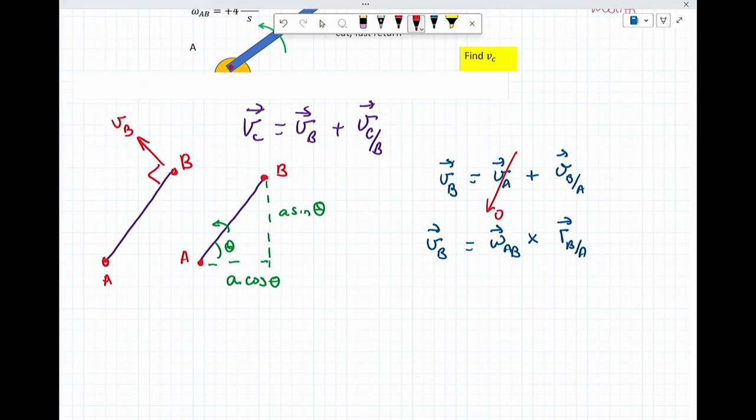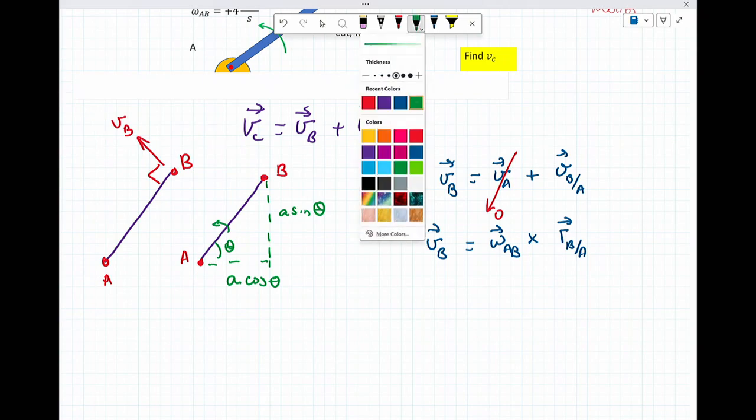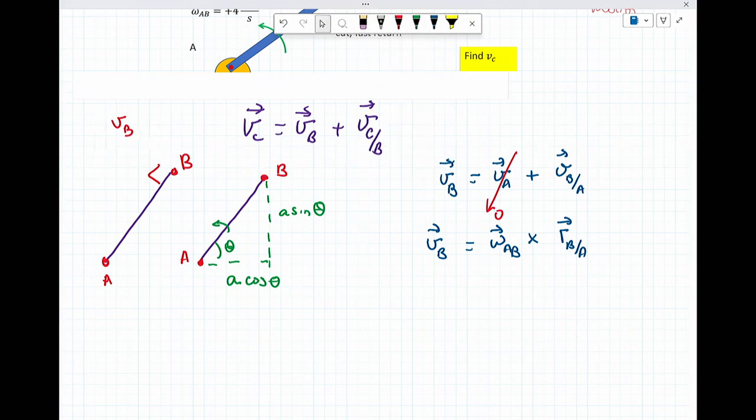Maybe I don't want to do it that way. Now, I know that because I have fixed point rotation, but I'm going to make sure of that when I start to look at what the answers are that I get out of my problem. So I got A sine theta, A cos theta. I've got the distances from A to B. I've got V sub B.